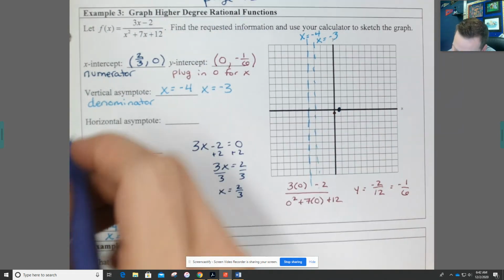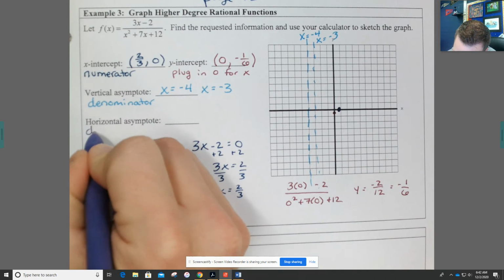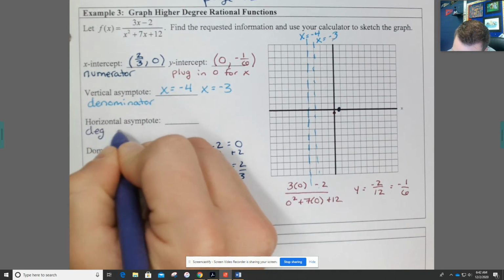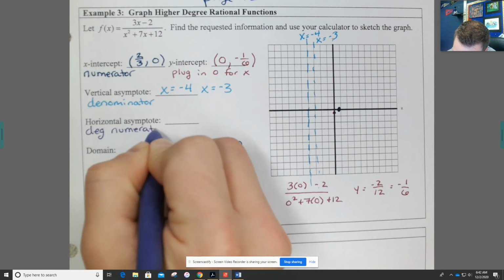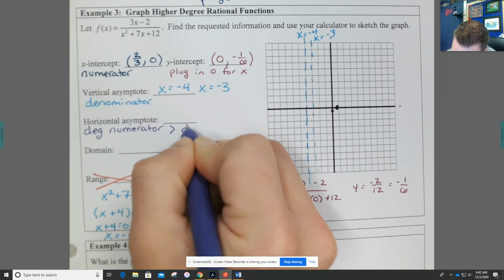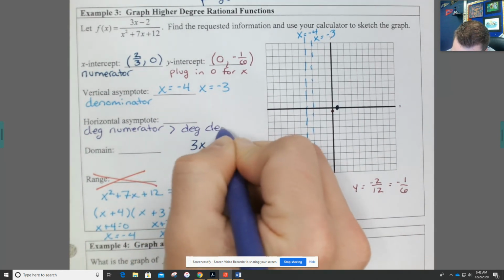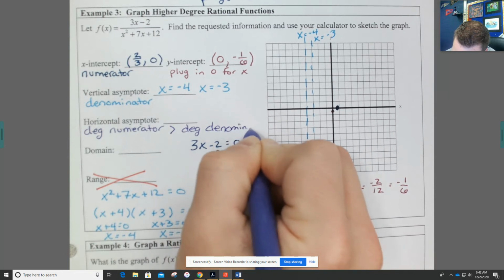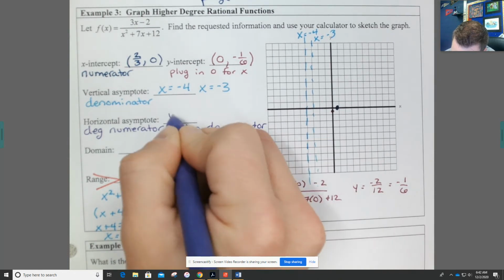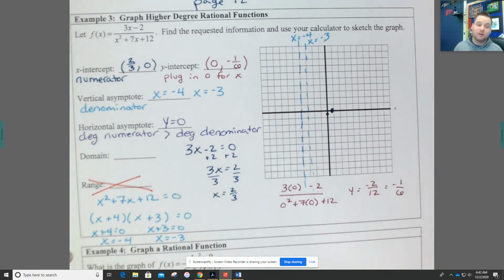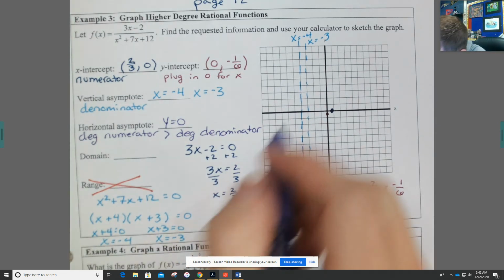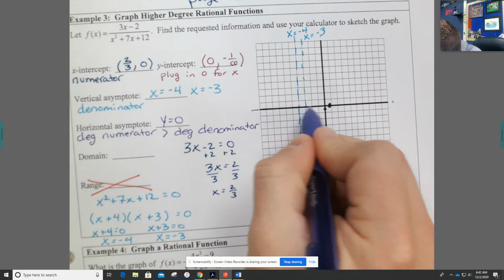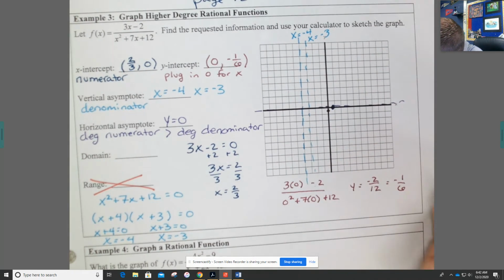So since the degree of the numerator is greater than the degree of the denominator, whenever that's the case, our horizontal asymptote right away is y equals 0. Okay? So I have a dotted line at y equals 0.